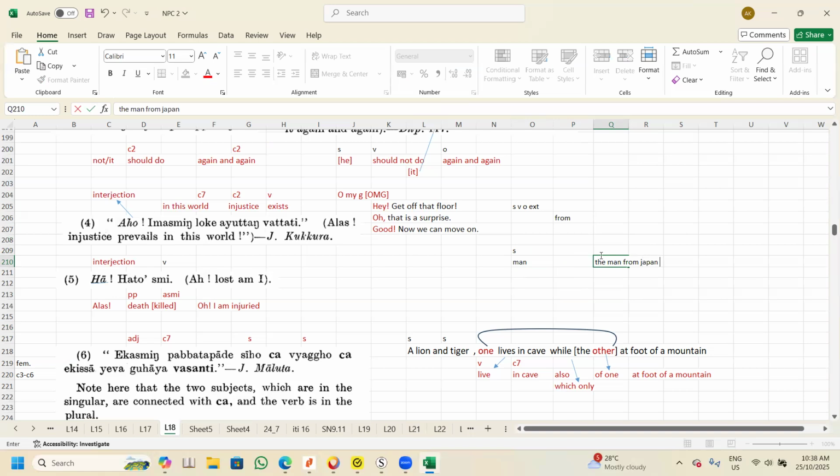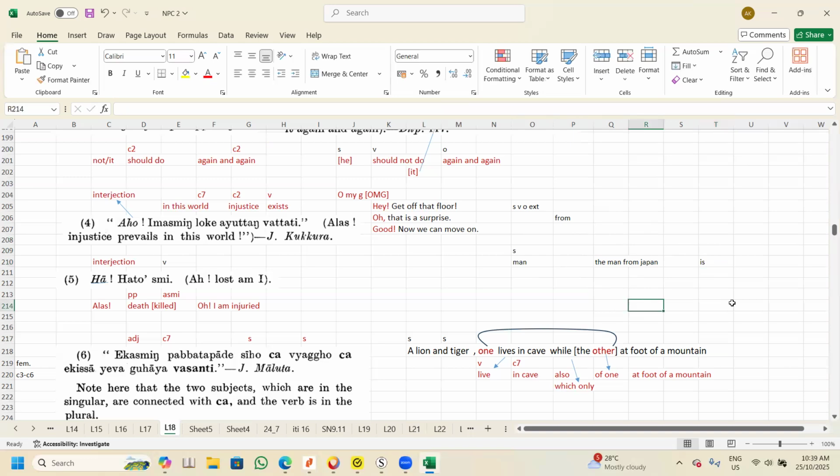This is adjectival already. "The man from Japan is hardworking." Even though it may combine with other cases, this is adjectival because it is describing the man. You have to look at the verb to be. The verb to be will indicate this. So you don't have to worry about the adjectival phrase. You need to worry about the structure.